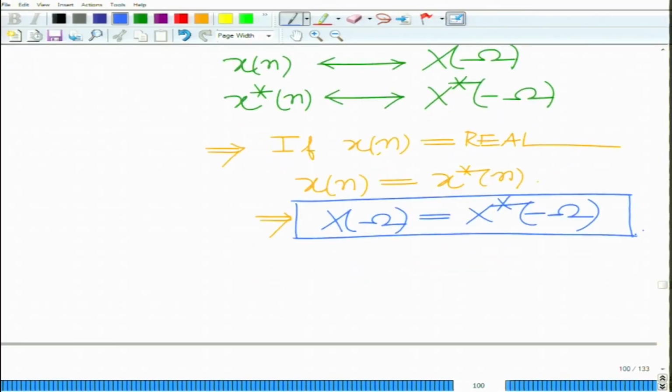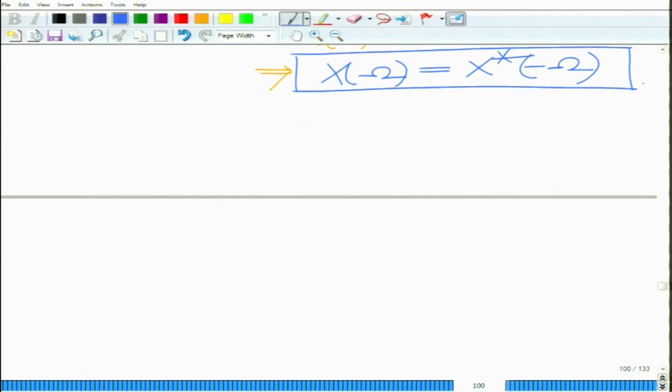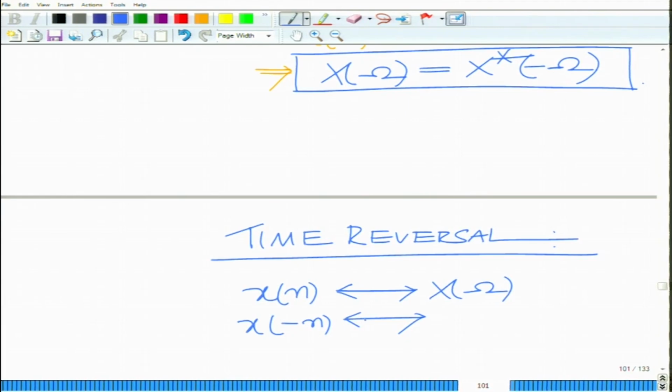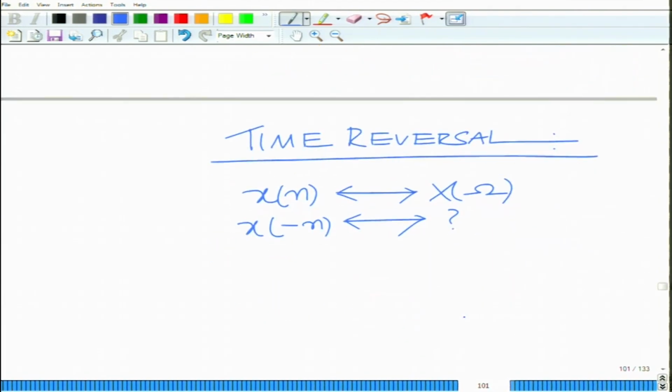All right. Time reversal, again similarly one can look at time reversal. If x[n] has DTFT X of omega, x of minus n has DTFT, well what is the DTFT?